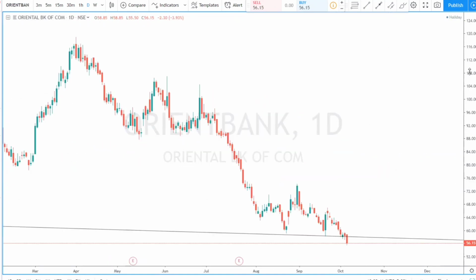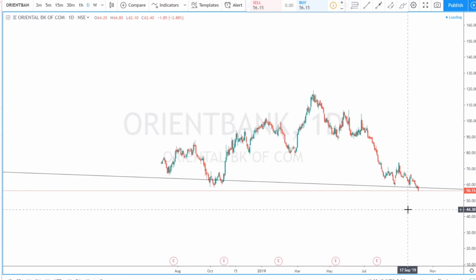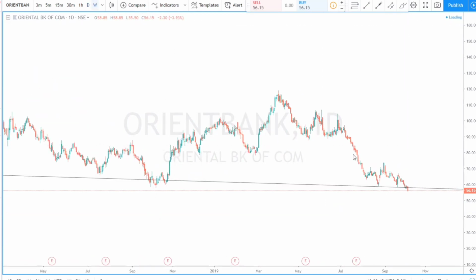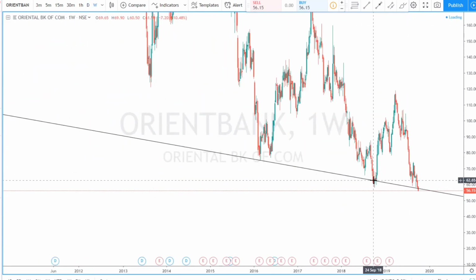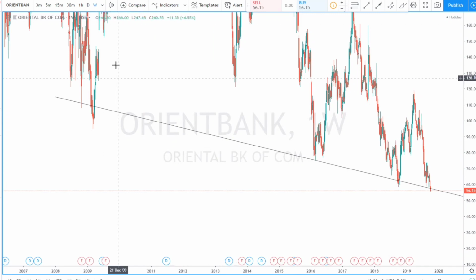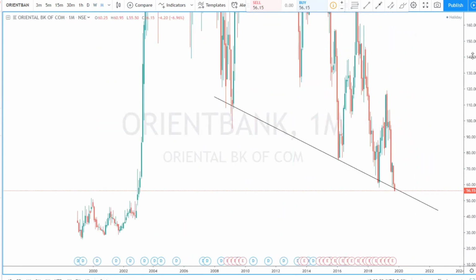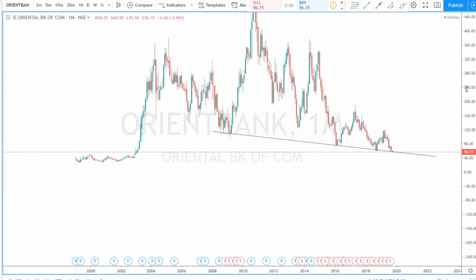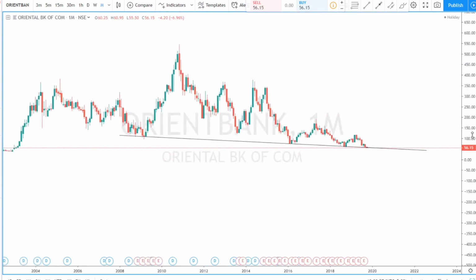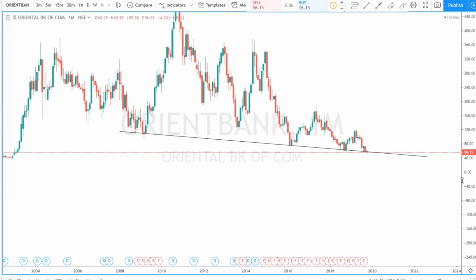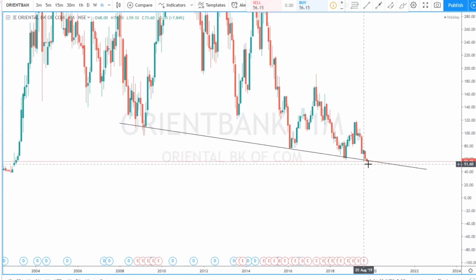I've drawn Oriental Bank of Commerce on the monthly time frame, and it has fallen from the monthly line. Let me see how it looks in weekly. So it looks weak in every time frame. Yeah, this stock has all the potential to go down. Let's see what happens.